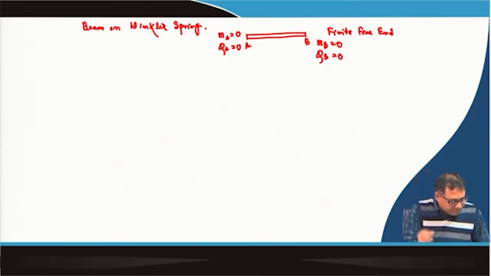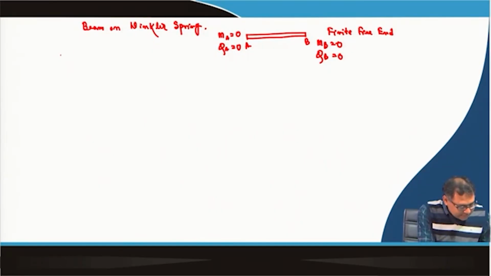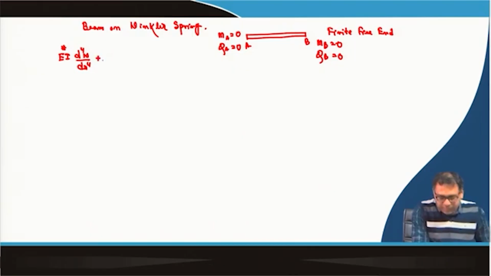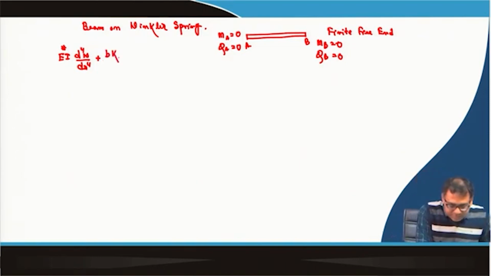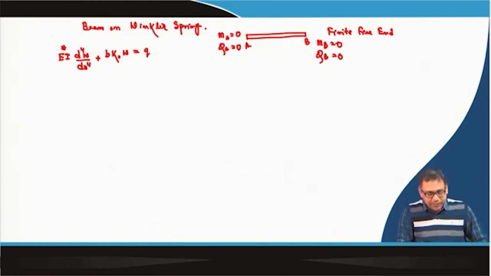Okay. So, now my basic equation is E I d 4 W by d x 4 plus, because it is a Winkler model, whether it is on two cases, it will be always B k 0 W, that is equal to Q. Okay.